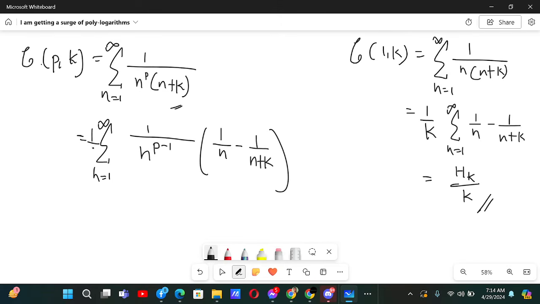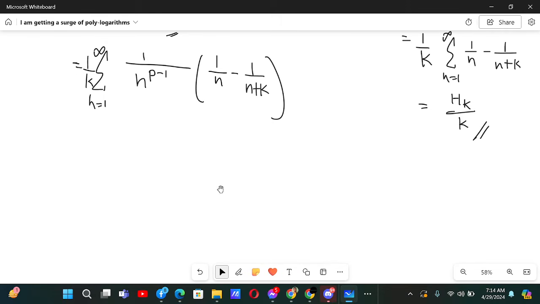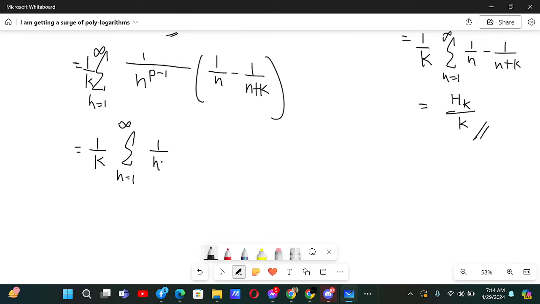Now we see that if we write it as two sums, 1 by k times the sum from n equals 1 to infinity of 1 by n to the power p, minus 1 by k times the sum from n equals 1 to infinity of 1 by n to the power p minus 1 times n plus k. And now we know that the first sum is just the Riemann zeta function of p.